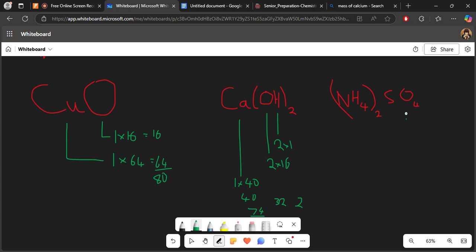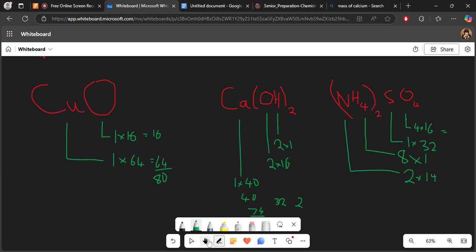Coming to ammonium sulfate, we have 4 oxygens, each of mass 16, 1 sulfur of mass 32, 8 hydrogens, sorry about that, 8 hydrogens of mass 1 and 2 nitrogens of mass 14.